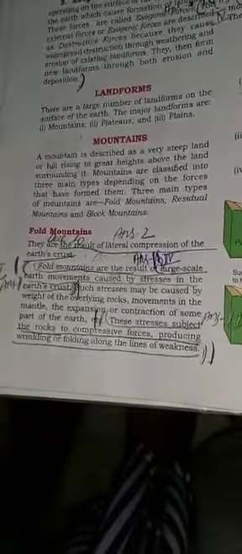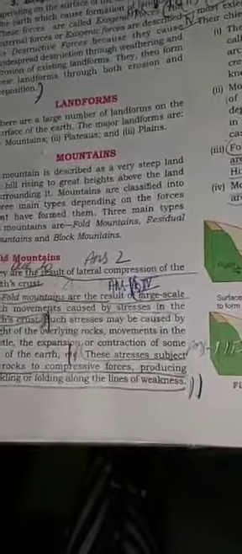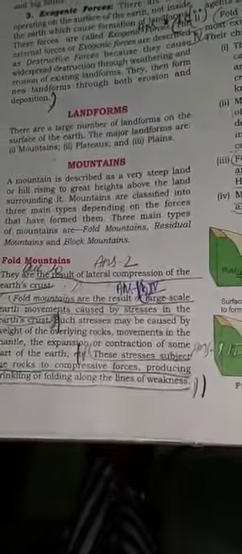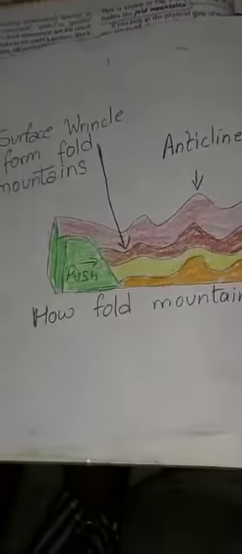Before this I have also shown you the diagram explaining how a mountain is formed. Now in today's class children, I will explain to you about the fold mountain. Children, here you see the diagram. In this diagram, it is shown that this is the land area and the force.